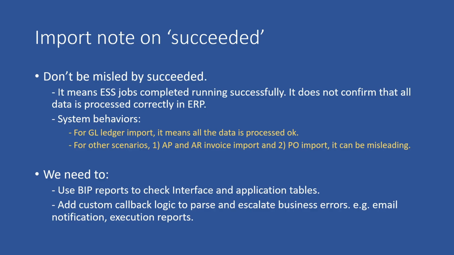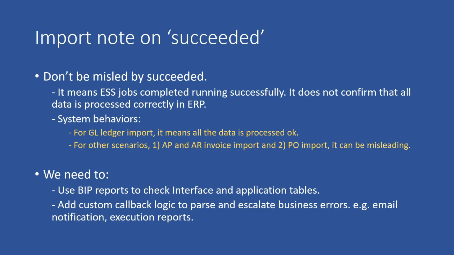So in order not to be misled by this wording, we need to do two things. The first thing is we use the BIP reports to check the interface and the application tables. By doing this, we can know exactly for each single record whether it's successful or not.